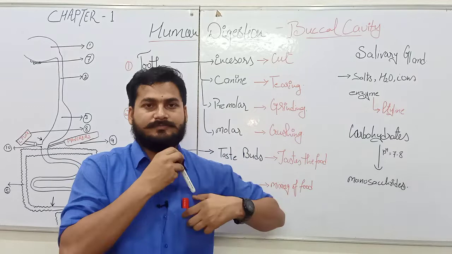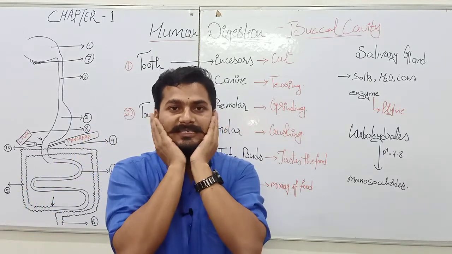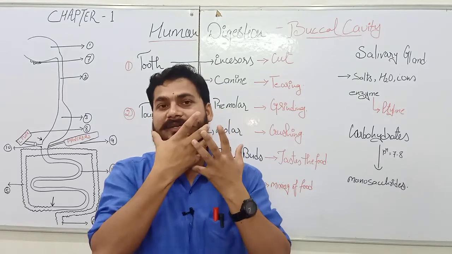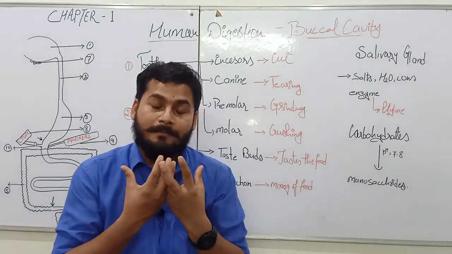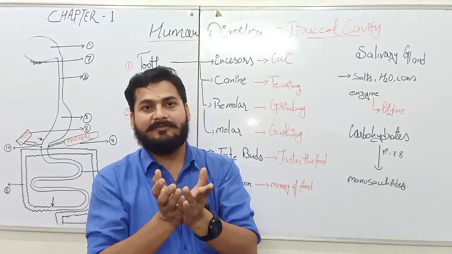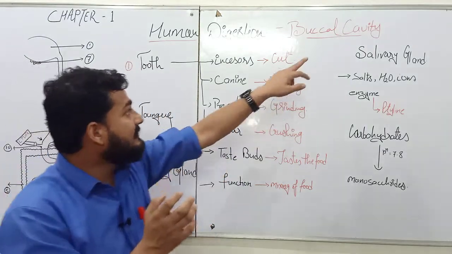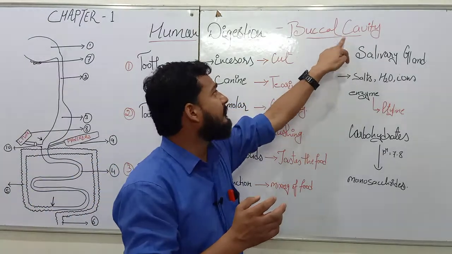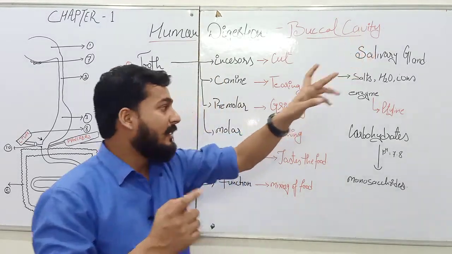So students, see, this portion of ours is known as the buccal cavity. The word cavity basically means a gap, a space. Cavity means a space, and this space is of the buccal, so it has been named the buccal cavity.